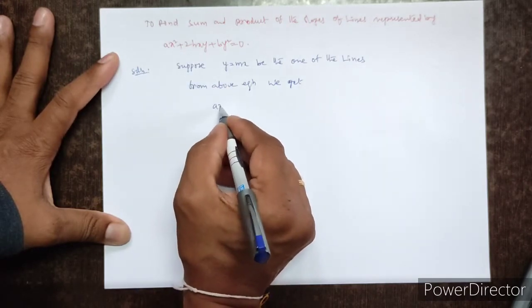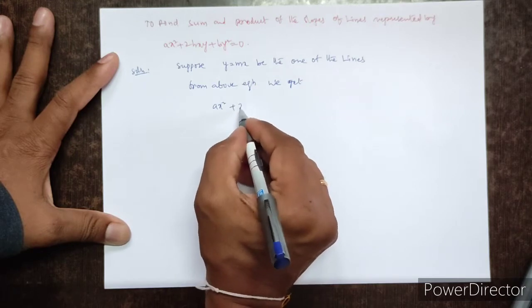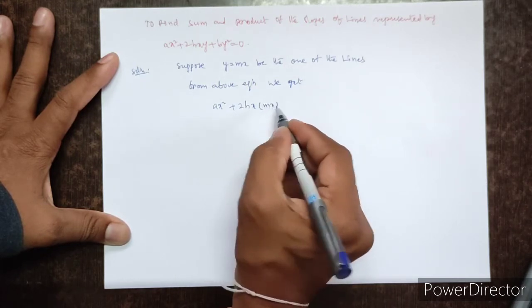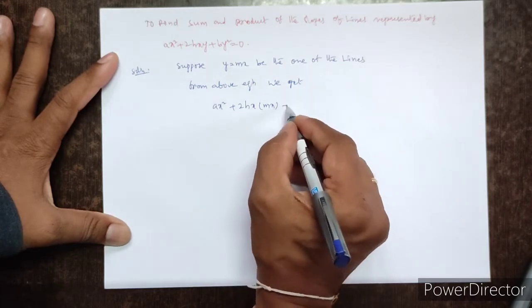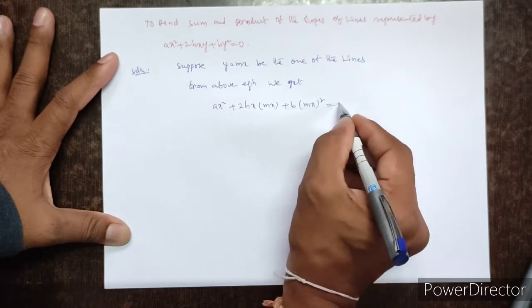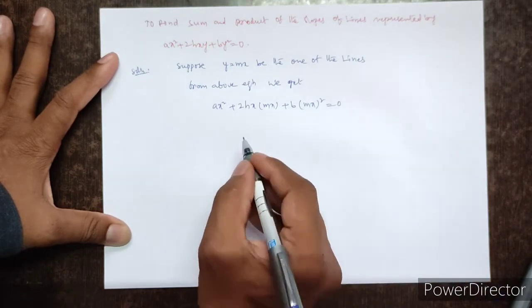We get ax square plus 2hx, y is nothing but mx, plus by square is nothing but mx whole square equal to 0.